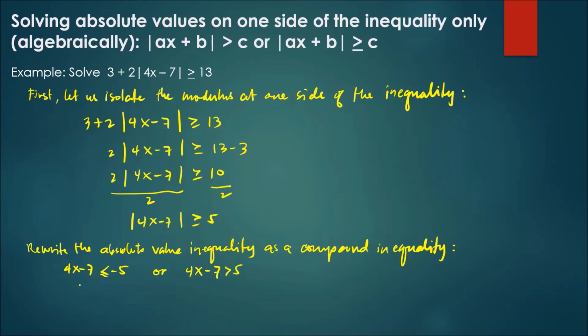Then we solve for x, so we have 4x is less than or equal to negative 5 plus 7, or 4x is less than or equal to 2, or x is less than or equal to 1/2. And here we have 4x is greater than 12, and then we divide both sides by 4.